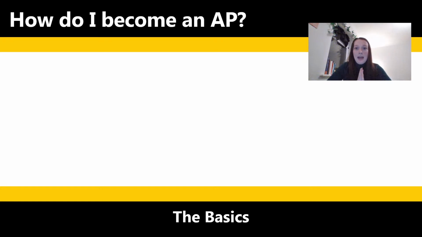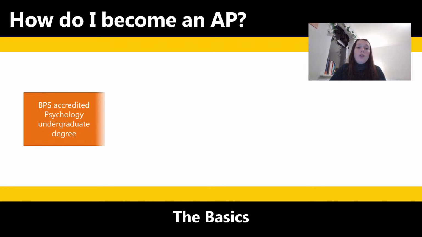How do I become an AP? The basics. These are the basic things that you will need to be able to become an assistant. You need to have a BPS accredited psychology undergraduate degree in most cases, or an unrelated degree and a master's conversion course usually.